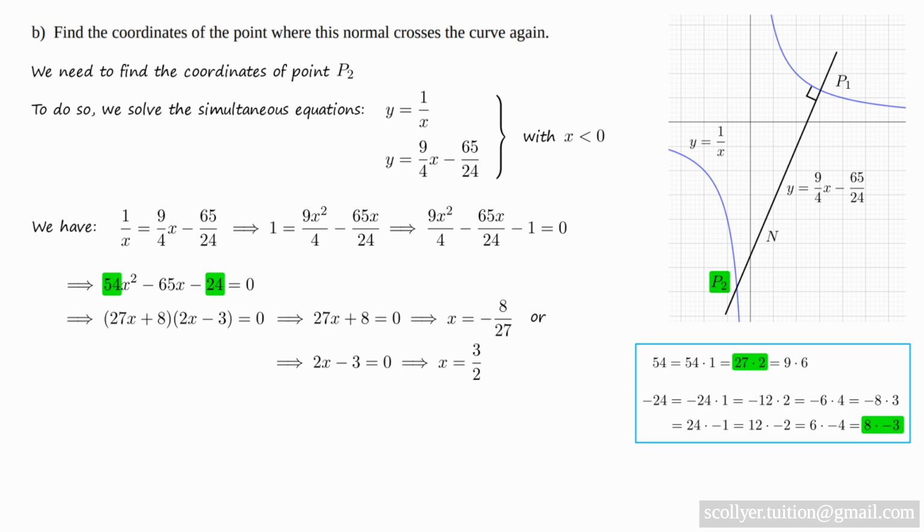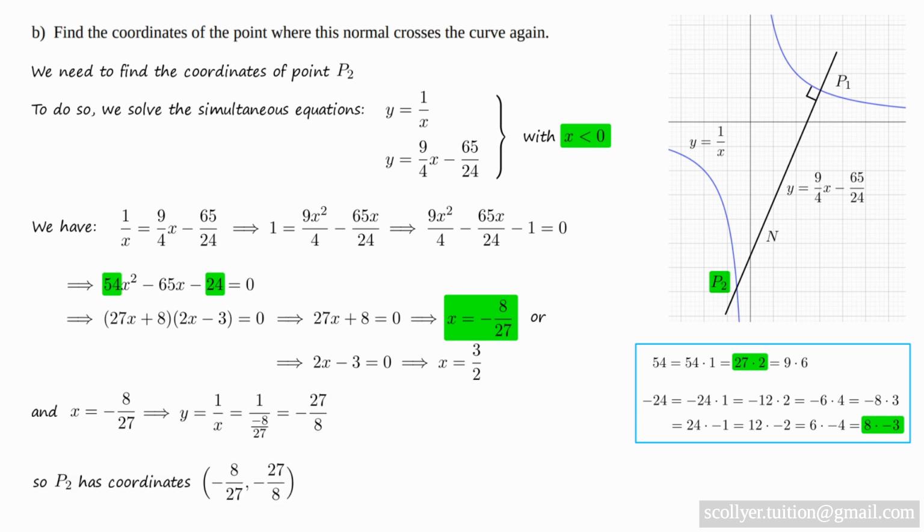But bearing in mind that x must be negative, we take the solution x equals minus 8 over 27, and from x equals minus 8 over 27, we find that y equals minus 27 over 8, so that P2 has coordinates minus 8 over 27, minus 27 over 8.